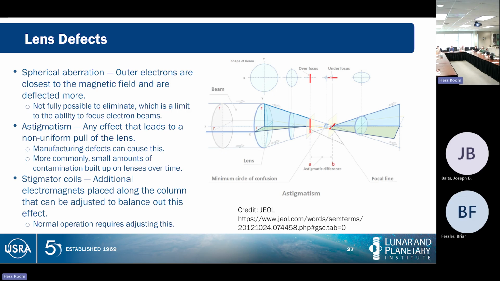More commonly, in an electron microscope, here's your lens position, and a little bit of contamination building up over time on these finely produced, well-manufactured lenses will gradually start drawing off the focus. Well, this is either going to ruin our electron microscope, or we're going to have some way to correct this. There is some way to correct this.